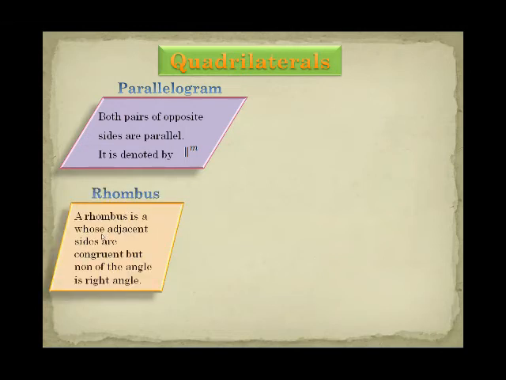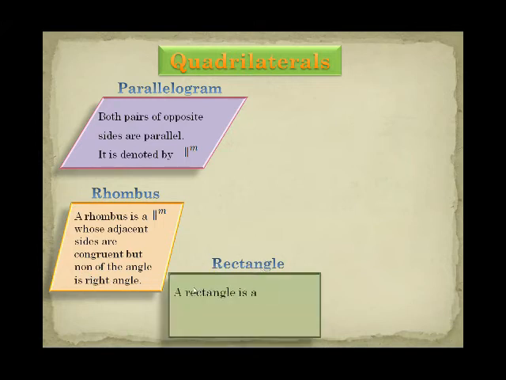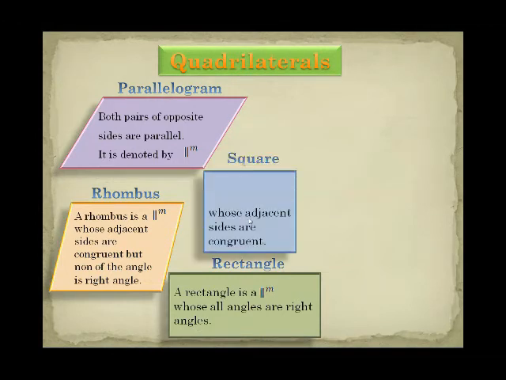A rhombus is a parallelogram whose adjacent sides are congruent but none of the angles is a right angle. The third one is a rectangle. A rectangle is a parallelogram whose all angles are right angles. The fourth one is a square. A square is a rectangle whose adjacent sides are congruent.